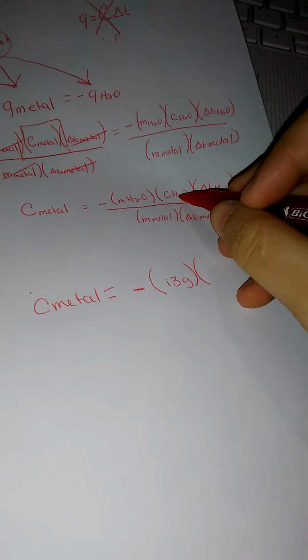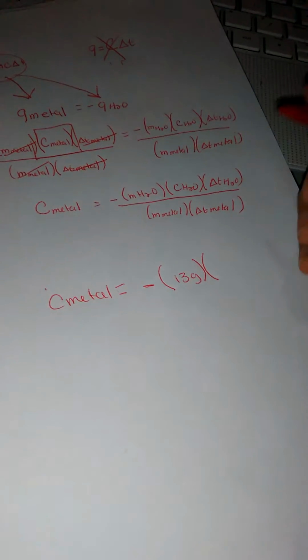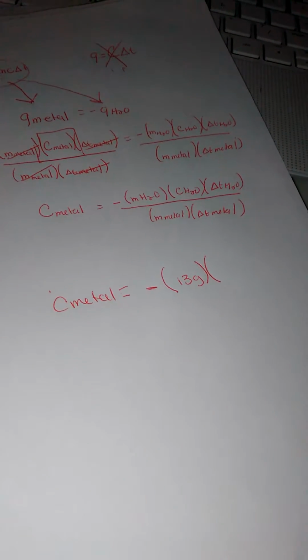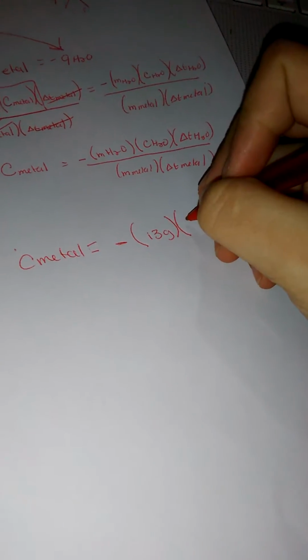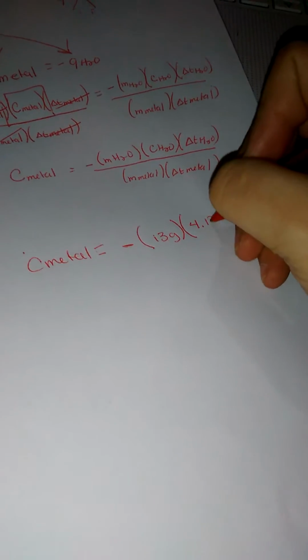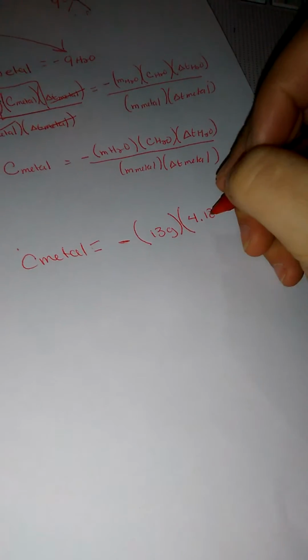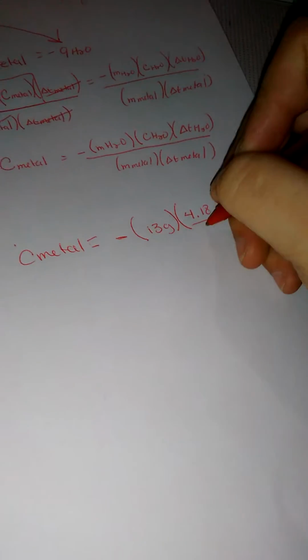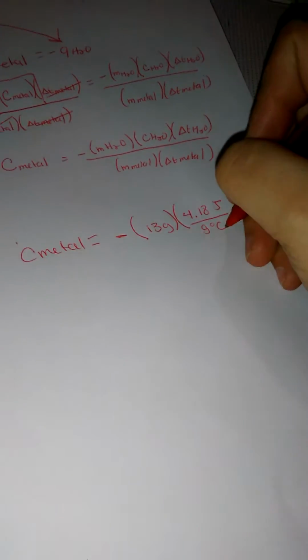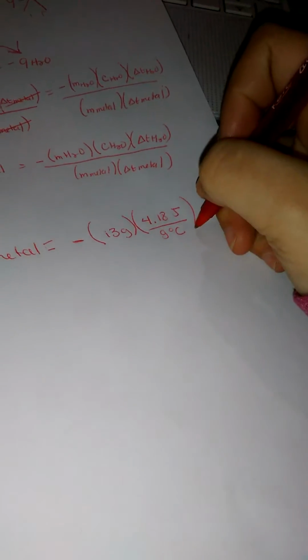The C of H2O, so the specific heat, the professor is gonna give it to you on the test as a constant. So the C of water is 4.18 joules over grams degrees Celsius.